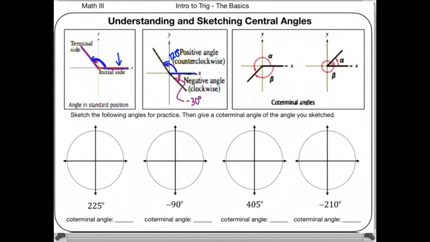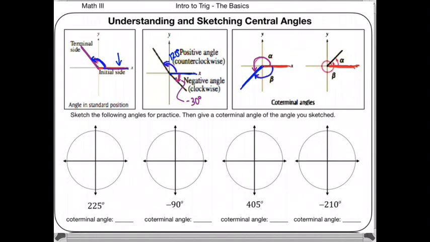Coterminal angles are angles that share the same terminal sides. So you notice that with these angles right here, alpha and beta, alpha is going to go in this positive direction here, and beta goes in this negative direction here, and they both share that terminal side where they stop, and so those would be called coterminal angles.